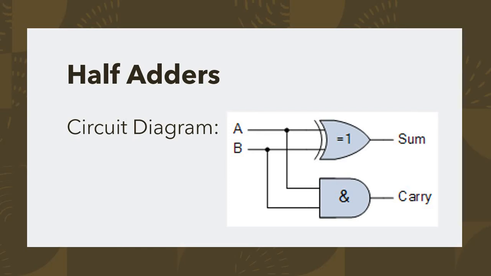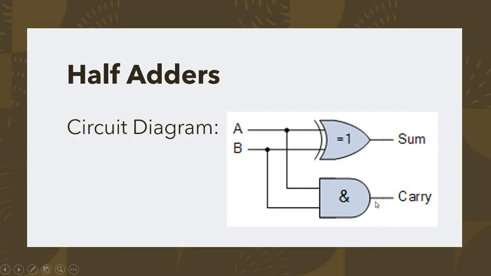The combination of the two will give you this particular circuit. These are your inputs A and B, and this is your XOR gate, which carries the sum, and your AND gate, which carries the carry out or the carry output.